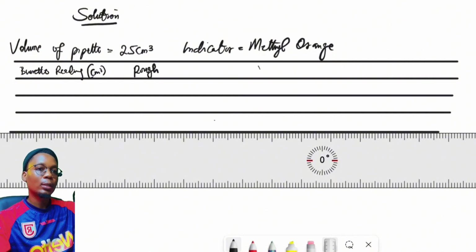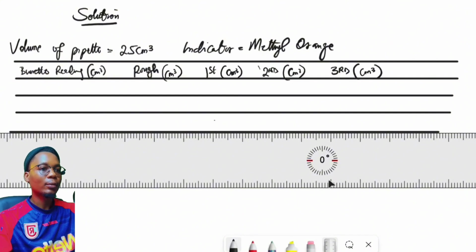By the way, let me clean this up, because you also have to indicate that your rough is in cm cubed. Then you have your first titre, which is also in cm cubed, your second titre, also in cm cubed, and then your third. Some people stop at second, but having three is also good for accuracy's sake.